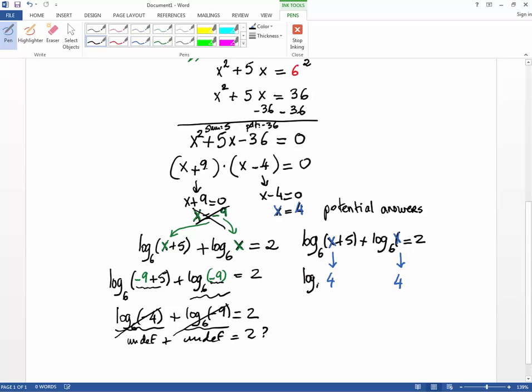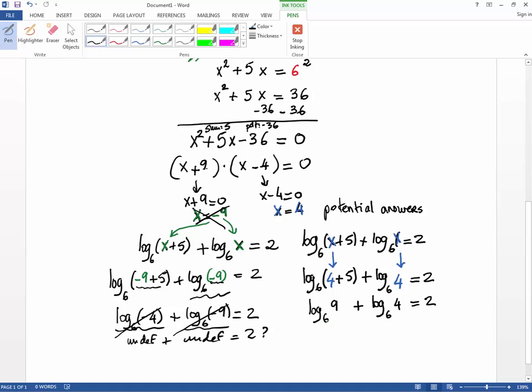So we'll have log base 6 of 4 plus 5 plus log base 6 of 4, is that 2? Let's see if that works out. So they're asking us log base 6 of 9 plus log base 6 of 4, is that log base 6 of 2?